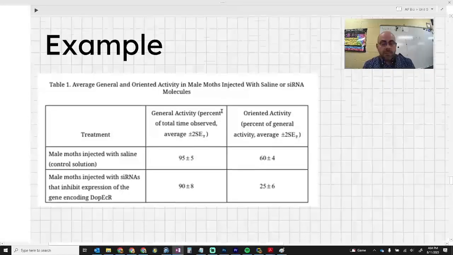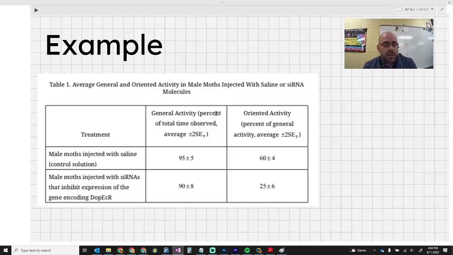Here's another example. This is the data table from last year, to show you how you would graph something. The average general and oriented activity in male moths injected with saline or siRNA. So what are we doing with siRNA and saline?